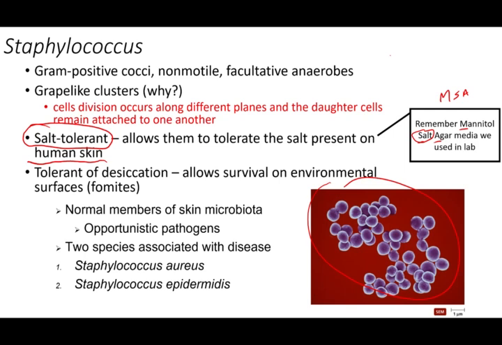And so when you swabbed your skin or your nasal passage, if you got growth, then that growth is likely Staphylococcus growing on your skin or in your nose. And then, as we'll see in a little bit, there is another part of that media, the mannitol portion, that allowed us to say which of these two species it is.